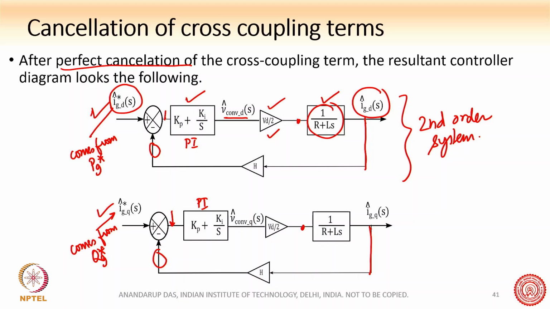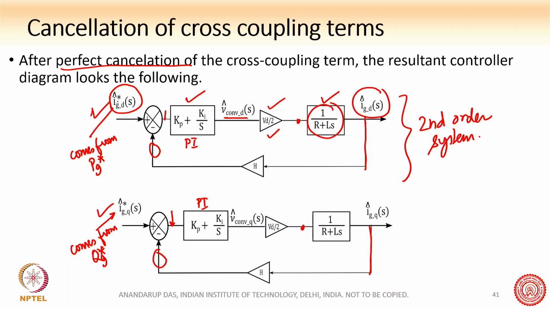So therefore, the whole aim of the control system was to find out the plant model. Fortunately, by adding these feed forward terms and doing the mathematical jugglery, we found that the plant can be treated as a first order system, 1 by R plus Ls, and then we can add a PI compensator to get a second order response corresponding to IGD star.